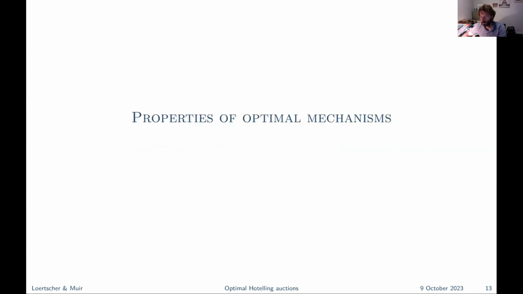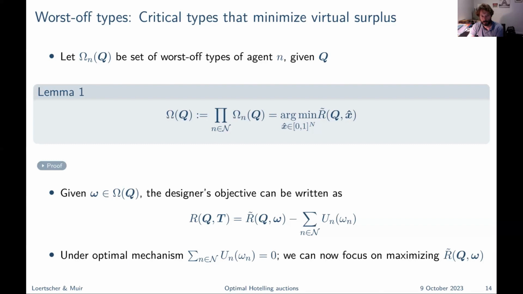Okay, now let me try to illuminate the fundamental property of these optimal mechanisms. So for any given allocation rule Q that is monotone in the desired sense, we denote by omega n the set of worst-off types, the set of types for H and N that minimize the interim expected utility.